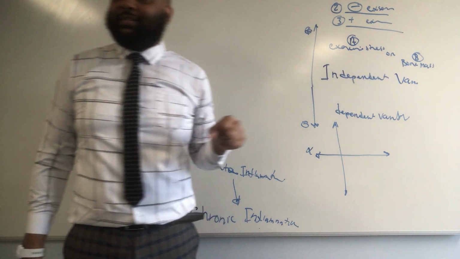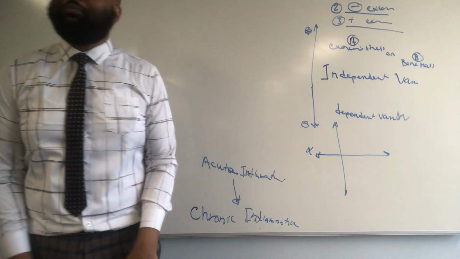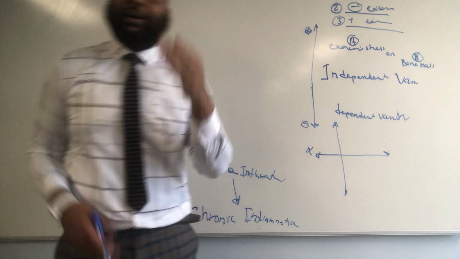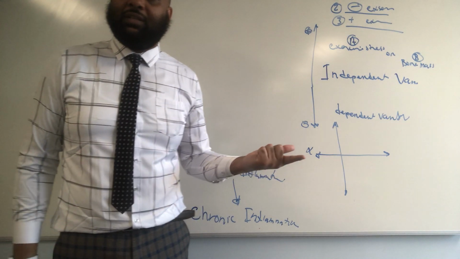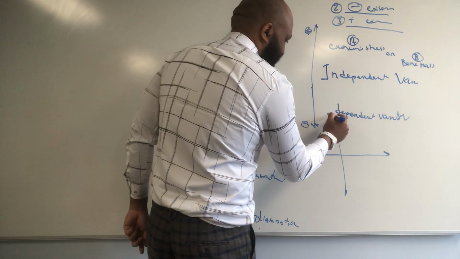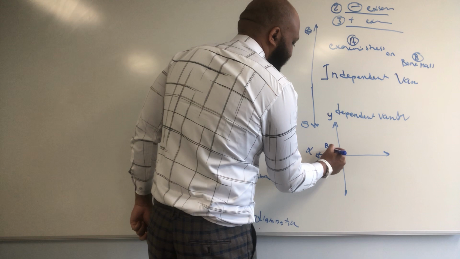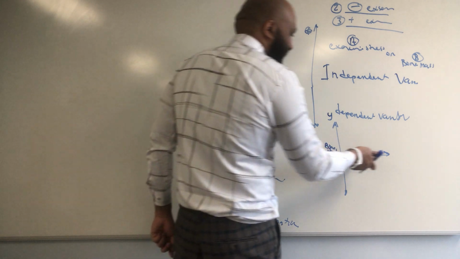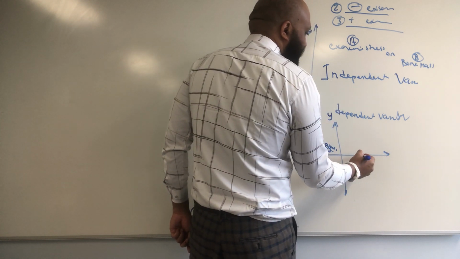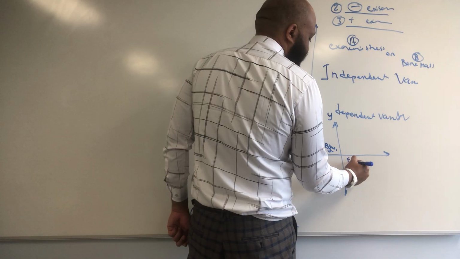My bone mass is my dependent variable because my bone mass is dependent on whether I exercise or not. So my bone mass is going to go on the y-axis. That's my bone density, bone mass. And on the x-axis, I'm going to have my independent variable, and that will be the exercise.